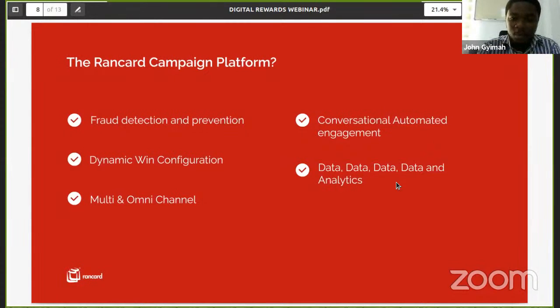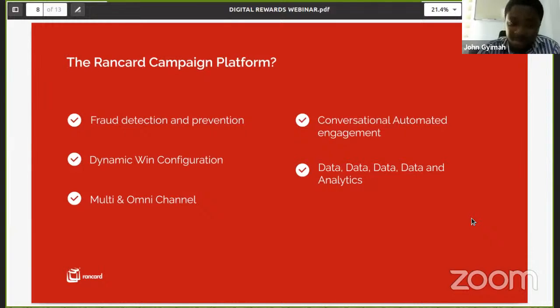Moving on from that, we talk about multi and omni-channel. Multi-channel in the fact that in BrancCard, we believe that for every product, every service, every micro loyalty program that we deploy, we need to be able to make it available where the consumers are comfortable. So if by default the strategy of the loyalty program has to do with using a USSD channel or a web channel or WhatsApp channel, BrancCard can deploy your campaign or your loyalty program across multiple channels.